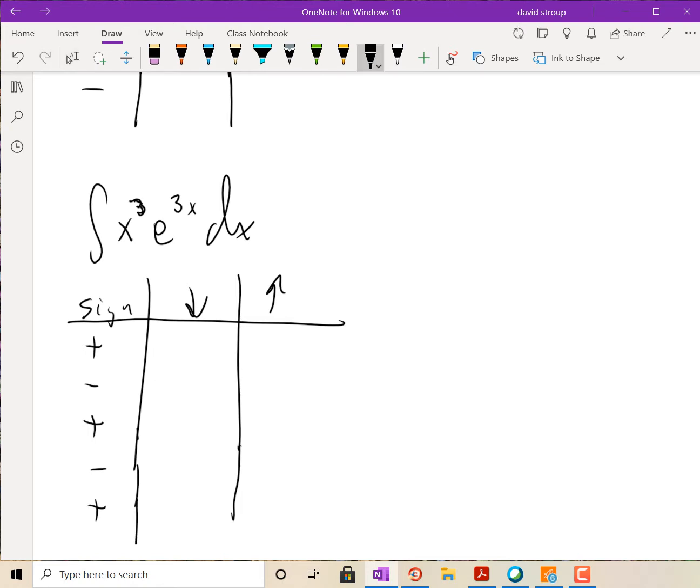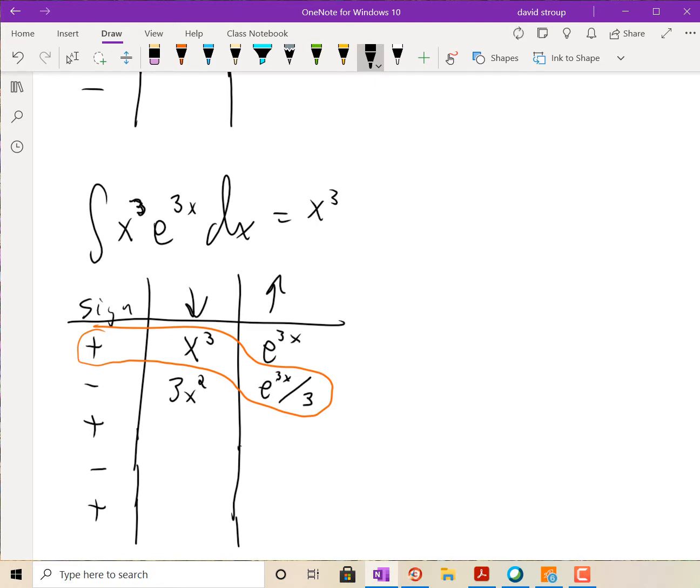So LIATE says algebraic before exponential, so you're going x cubed here, and then e to the 3x here. So go ahead and differentiate: 3x squared, e to the 3x over 3. And then you write down this factor. So this will equal positive x cubed e to the 3x over 3.